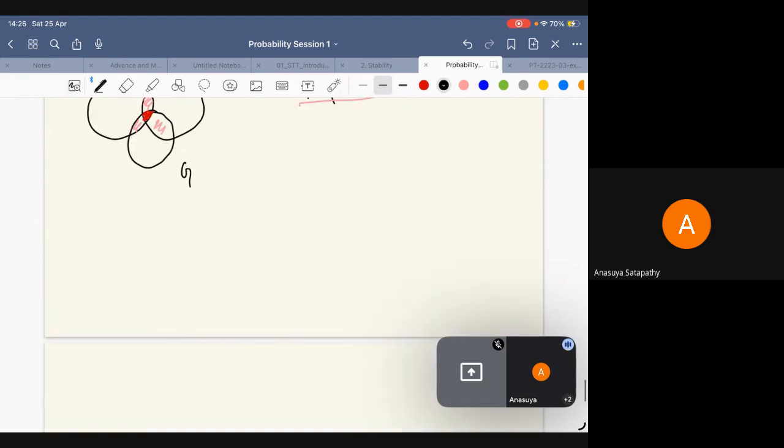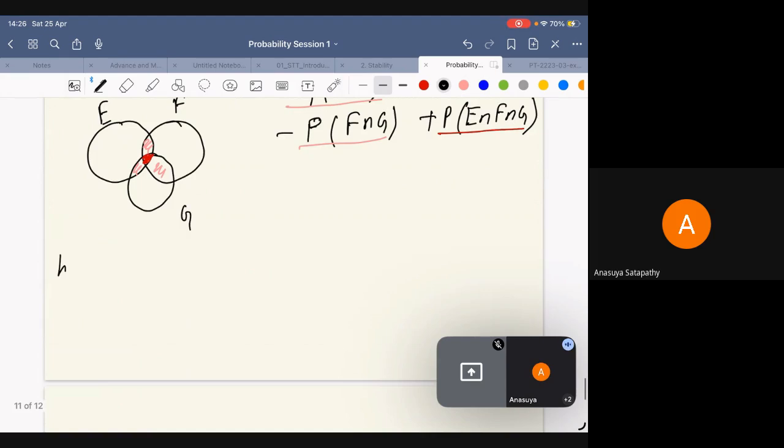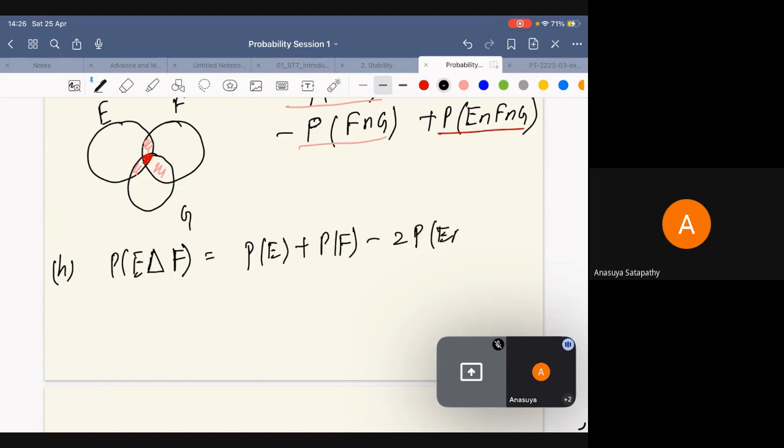Let me also give you one important formula. It was P of E, this is called the triangle symbol. If we have this, it equals P of E plus P of F minus 2 times P of E intersection F. Whenever you have E, F like this, the intersection will be subtracted 2 times.